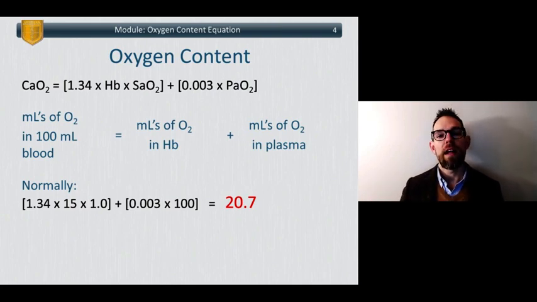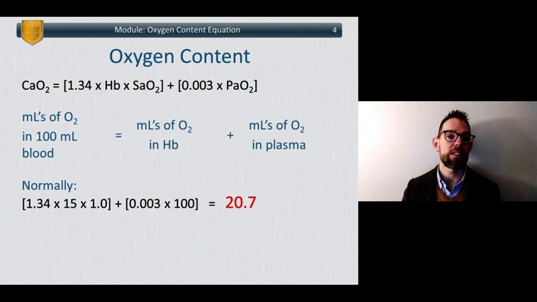The arterial content of oxygen in blood equals 1.34 times hemoglobin times saturation plus 0.003 times PaO2. What that equals out to is mLs of oxygen in 100 mLs of blood, equal to the mLs of oxygen in hemoglobin and the mLs of oxygen in plasma.